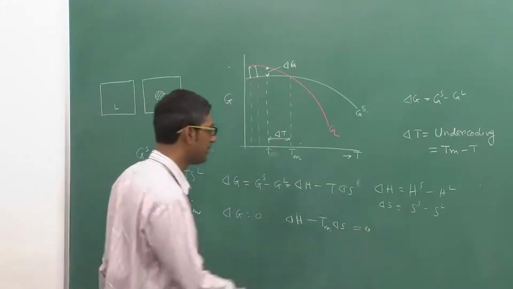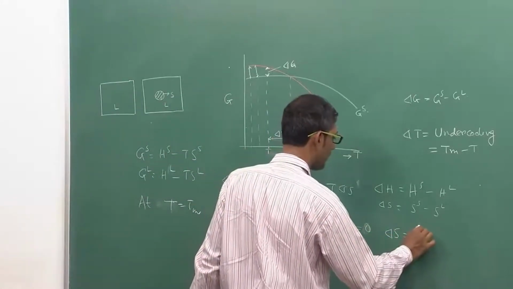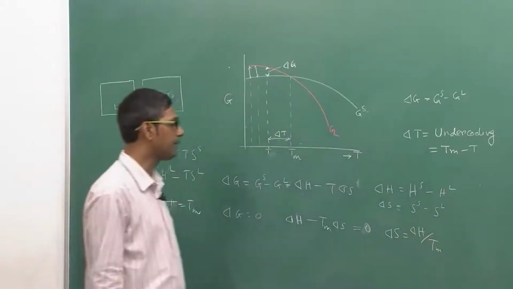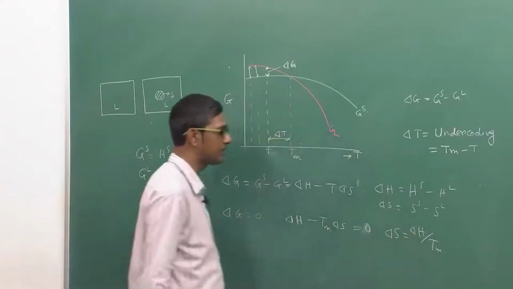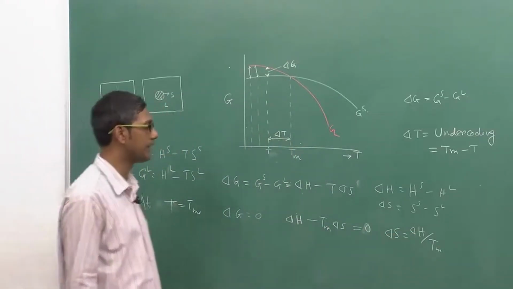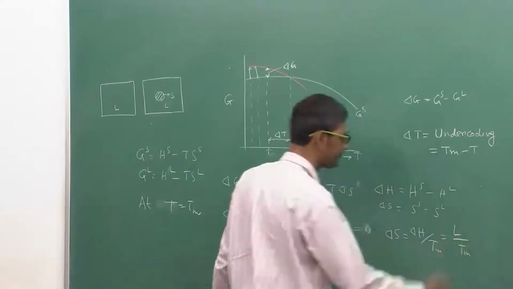That gives me delta S equals delta H by Tm. And at the melting temperature, the heat evolved, which corresponds to the enthalpy change, is nothing but the latent heat of melting. So this is L by Tm.